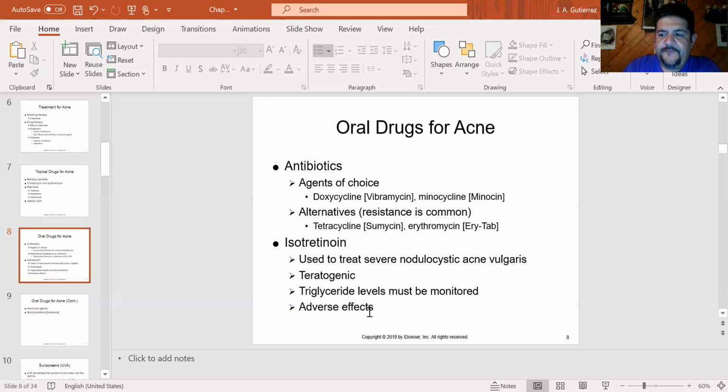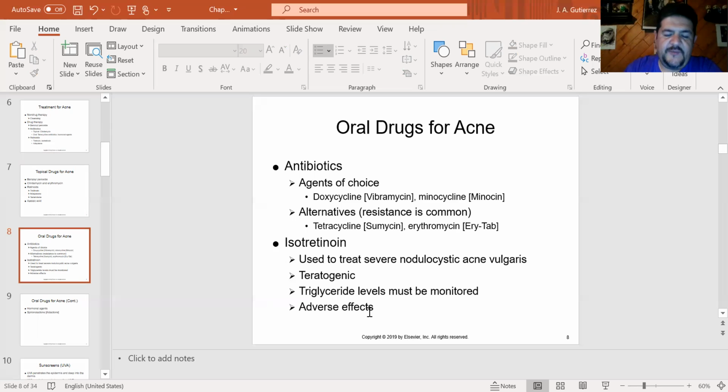That means they can use a barrier method and a hormonal method to prevent pregnancy. They have to choose one from each list. Regarding barriers, there is the condom and the diaphragm. Regarding the hormones, there is the birth control pill. So they need to sign that pledge and take those two types of birth control methods, barrier and hormonal.